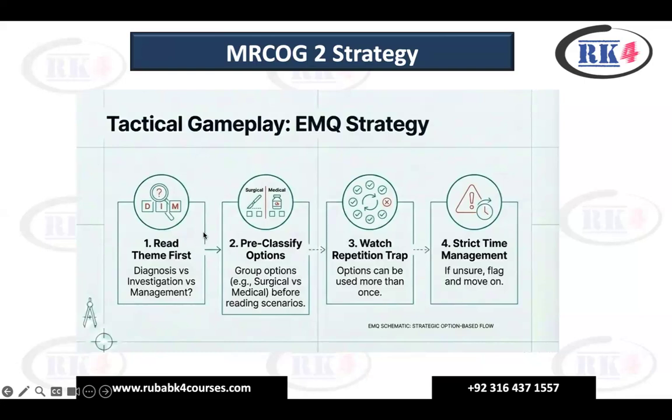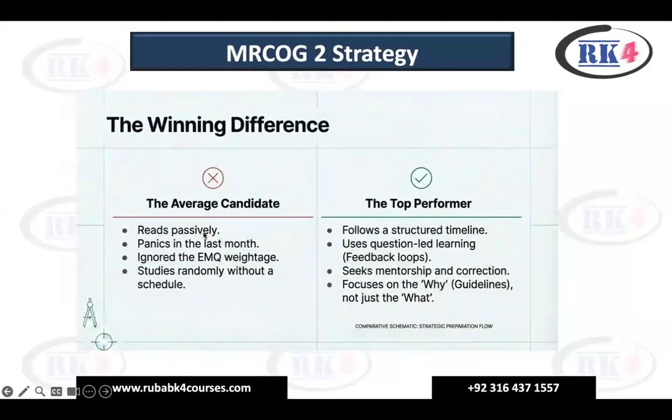So the strategy for the MRCOG Part 2 is that you need to have active reading. It's not passively reading. You need to read, understand, think, reflect on it, and then it will be helpful for you.